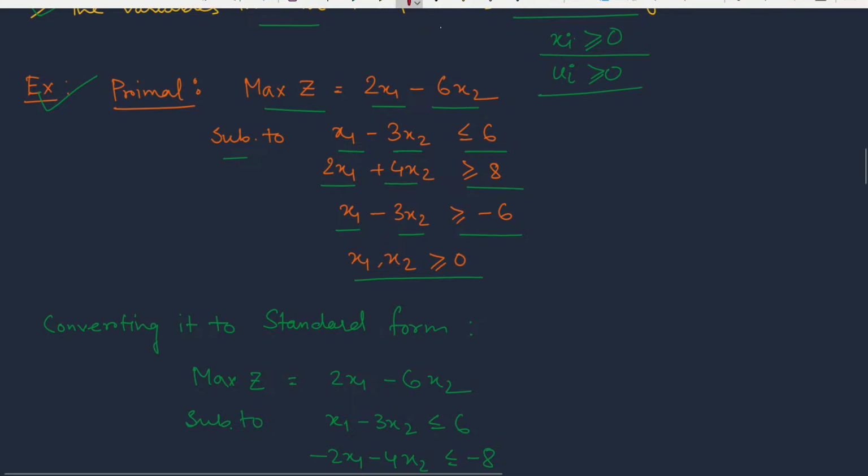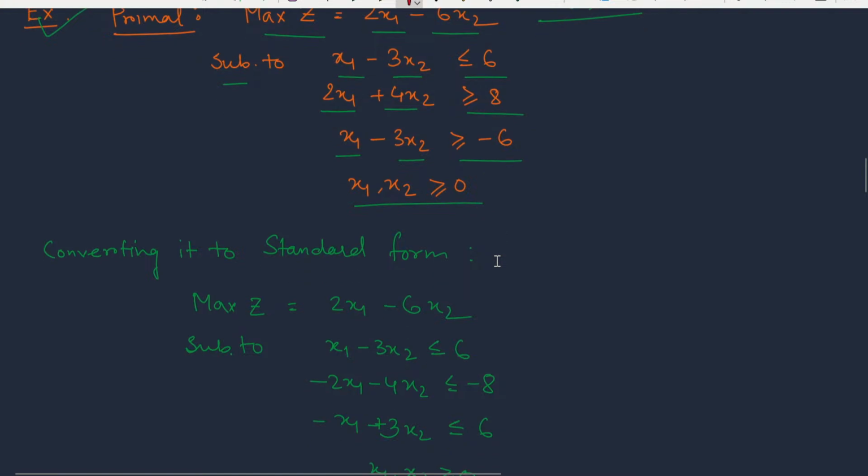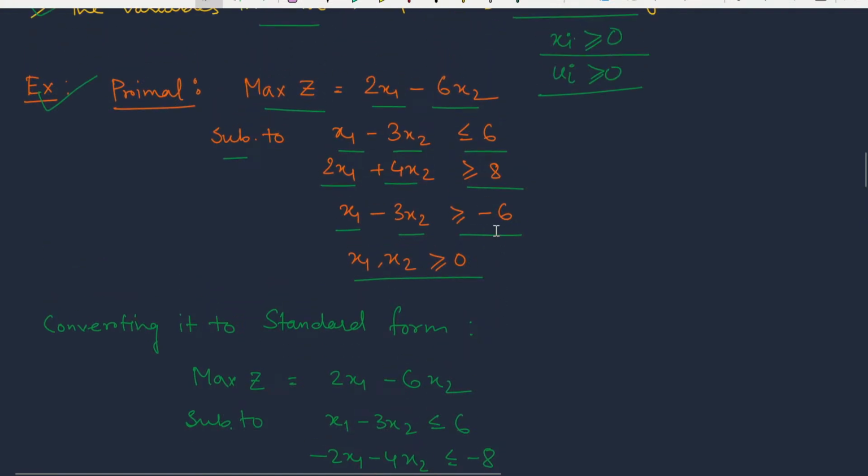Now first we convert this problem to the standard form. For the case of a maximization problem, the standard form is max z equal to C transpose x, with Ax less equal to b. Therefore we convert the greater equal to type inequalities to less equal to type inequalities.